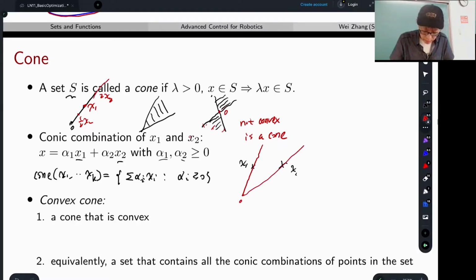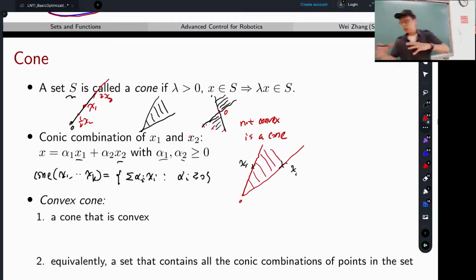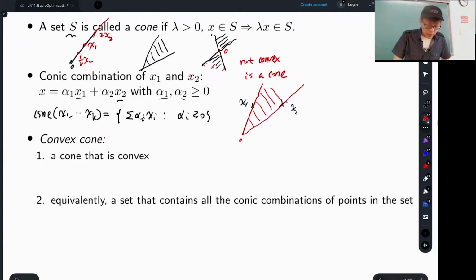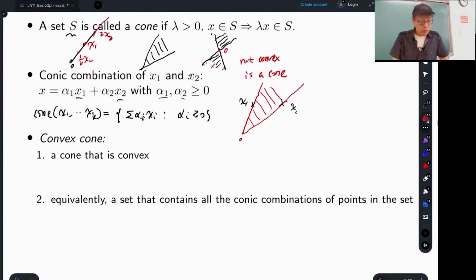The set containing all the conic combinations will be just this one.